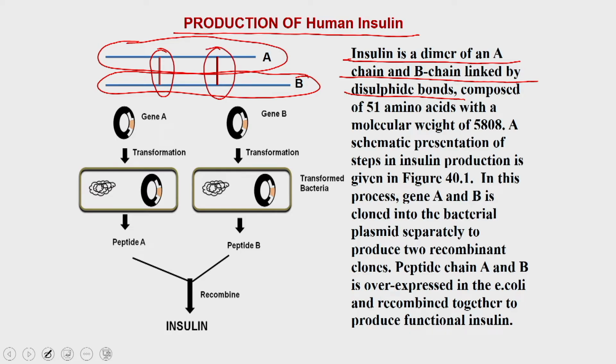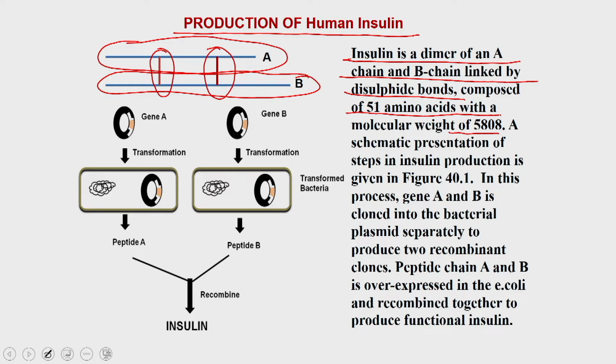You have two disulfide linkages between the A and the B chain, and the molecular weight of insulin is 5808 Dalton, with a total of 51 amino acids present in the A chain and the B chain.